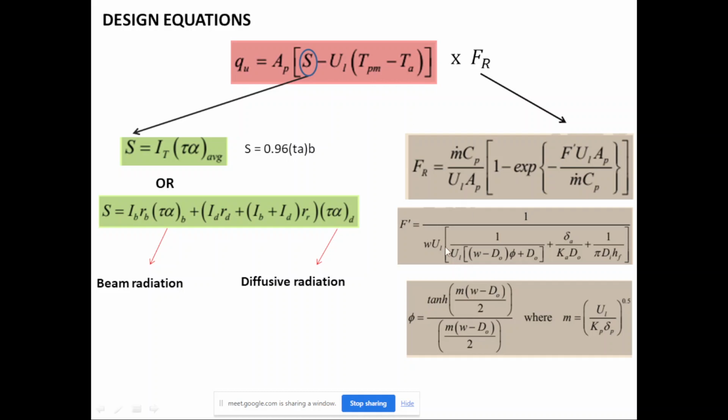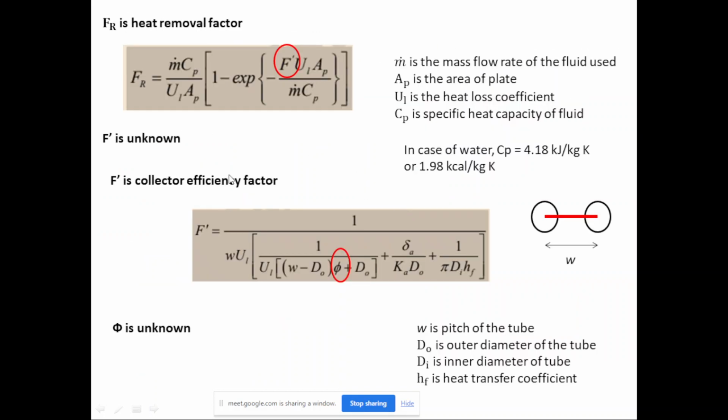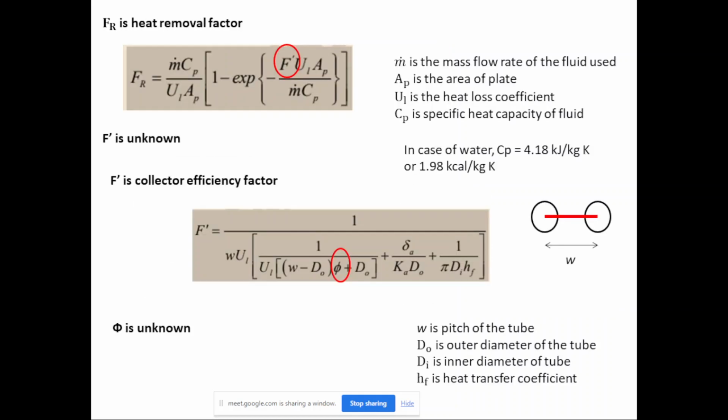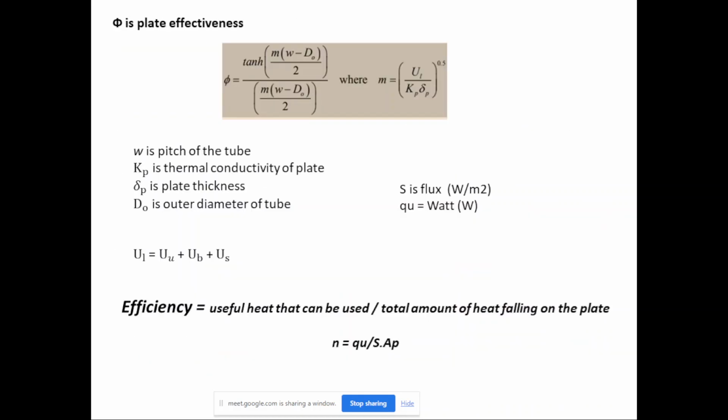Then we saw the heat removal factor, the collector efficiency factor and the plate effectiveness factor, and at the end we moved on to the efficiency of the flat plate collector, which is given as QU by S AP.